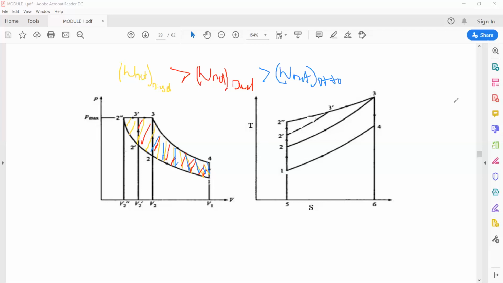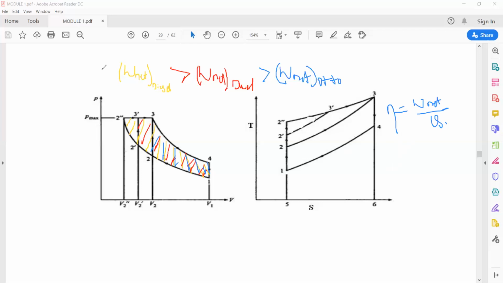So therefore I can say that the efficiency depends on net work output. Okay, efficiency is given by net work obtained divided by heat supplied. So if the net work obtained is more, then the efficiency will be more.